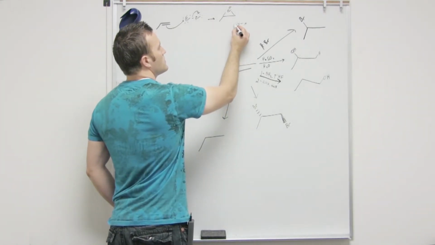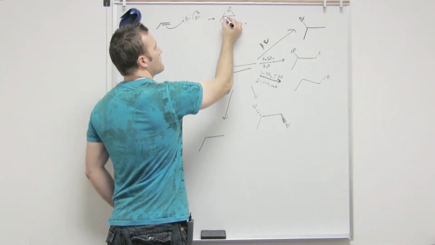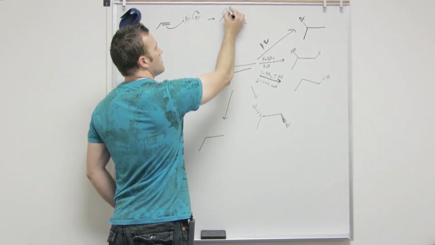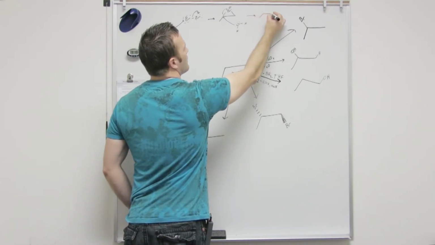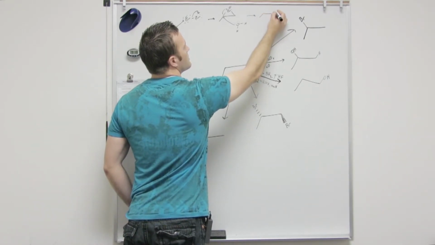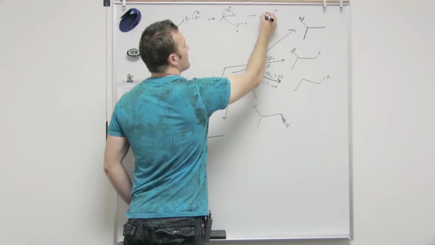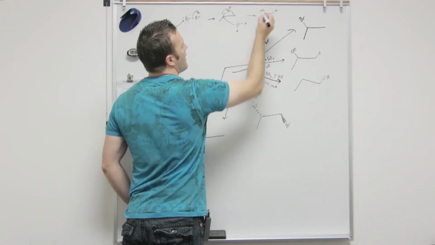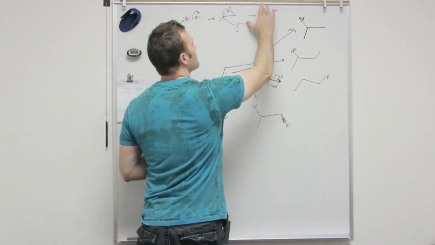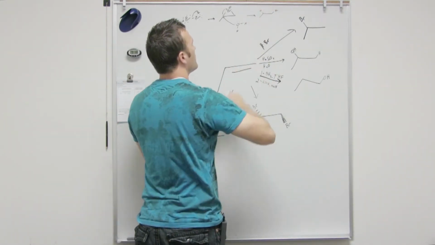So we'll go to the most substituted one. Break the bond up towards the bromine, and we'll be left with an alcohol on the most substituted carbon. Well, I guess we've got water, and then what happens? Sorry, I forgot that. Then another water comes in and plugs the hydrogen. Good.